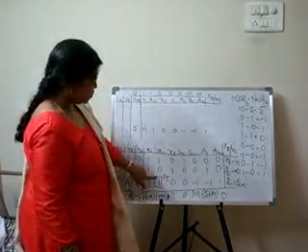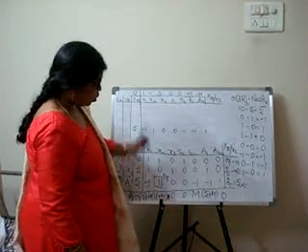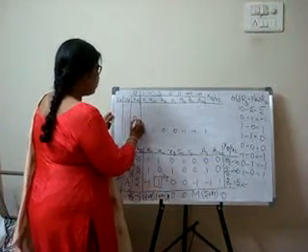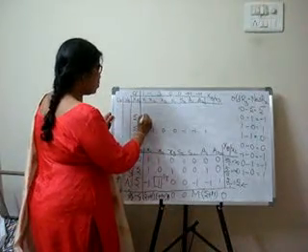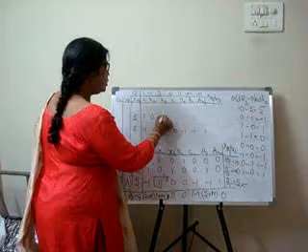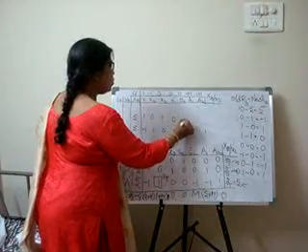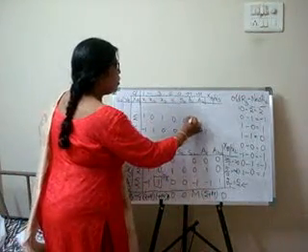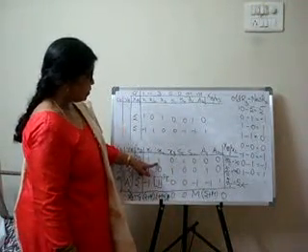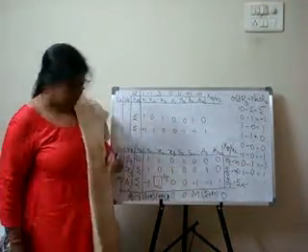Now the corresponding pivotal element column we have to make 0. Already 0 is there. So 5 we write as it is: 1, 0, 1, 0, 0, 1, 0. Now I have to make this as 0. How do I make that as 0?